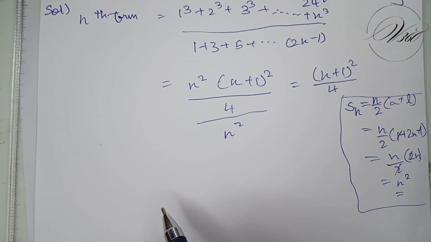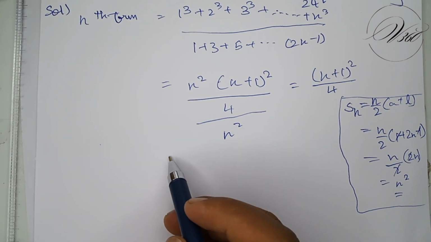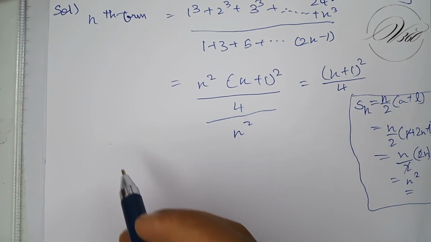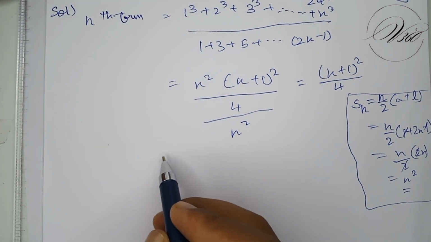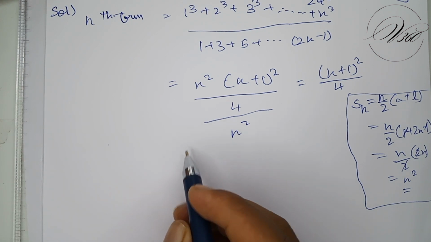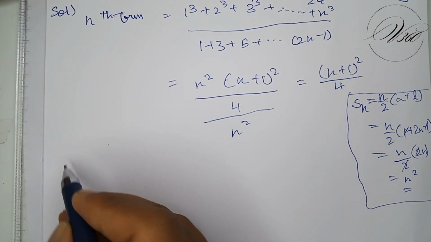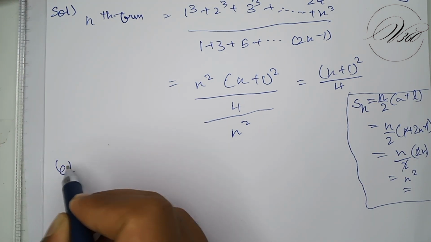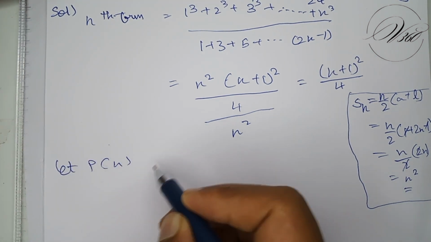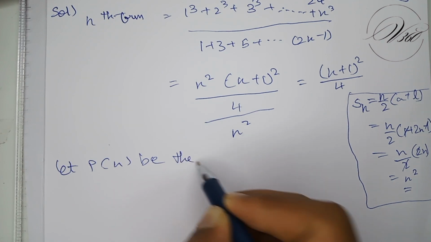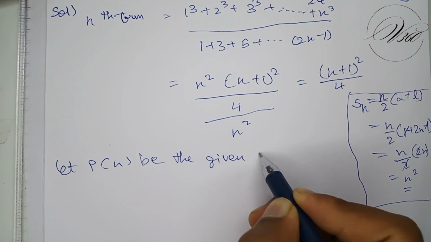Now we'll get here n square. Now here we will write, let p of n be the given statement.